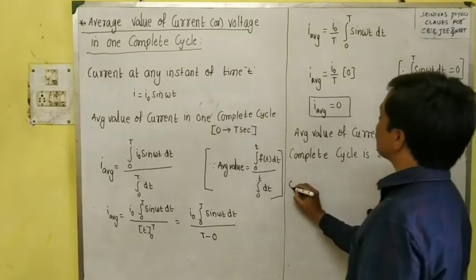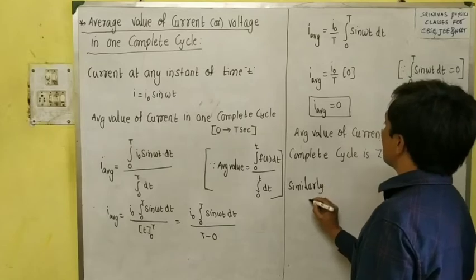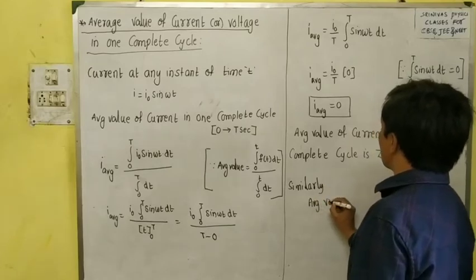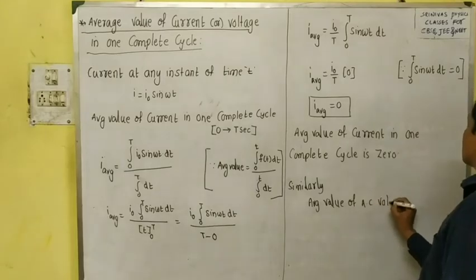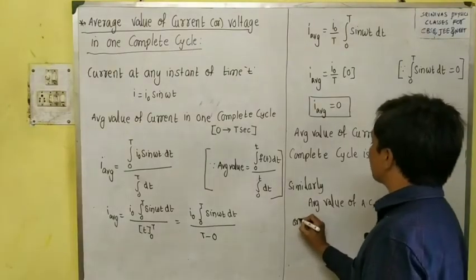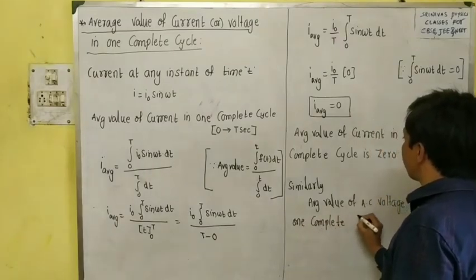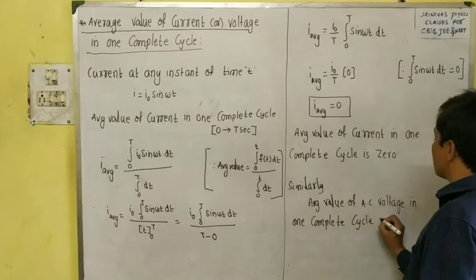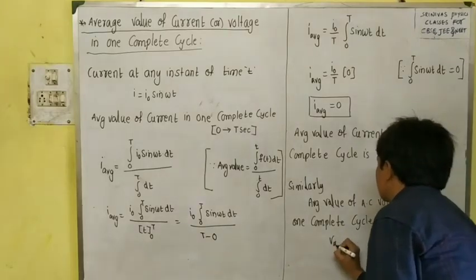Similarly, the average value of AC voltage in one complete cycle is also 0.